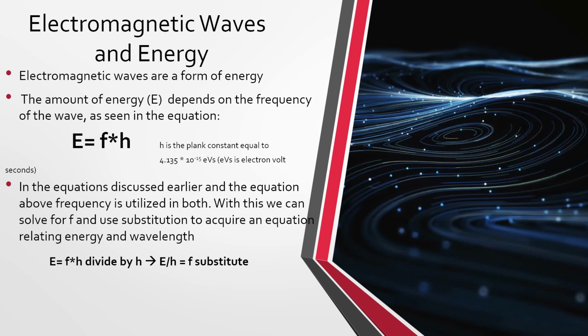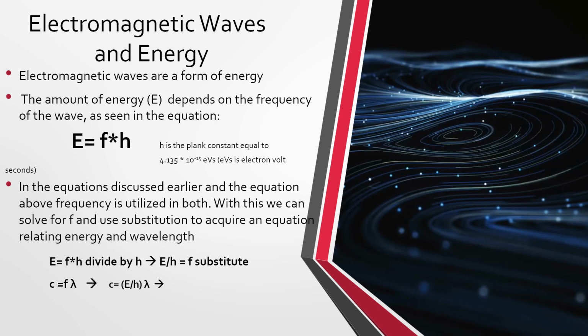We do that by E equals f times h. There's the original equation. We divide both sides by h, and we find f. So we're going to substitute this f into the equation from before, which is c equals f times the wavelength. We bring in E divided by h from the other equation for the f in this equation.